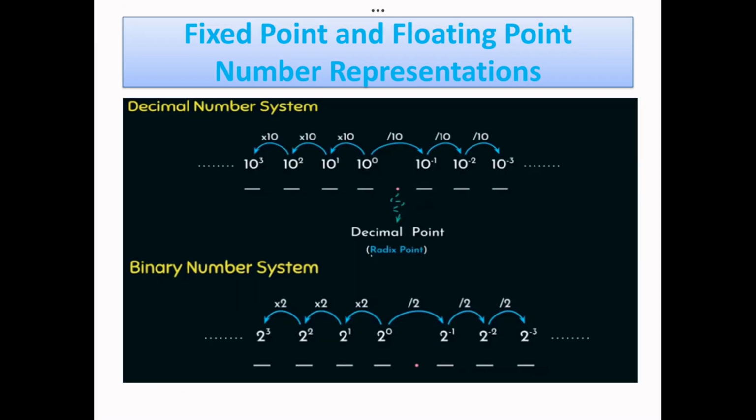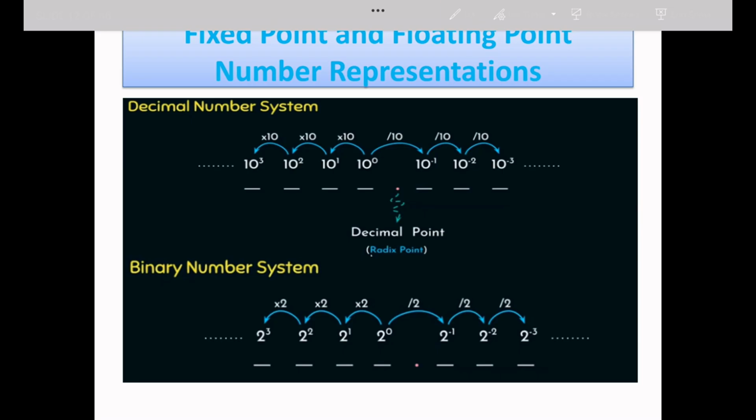Okay, now I will go. So we already discussed about the decimal number system. We expect also decimal. So this dot is the radix point or decimal point. So if you are going from here to here, your base power minus 1, base power minus 2, base power minus 3.